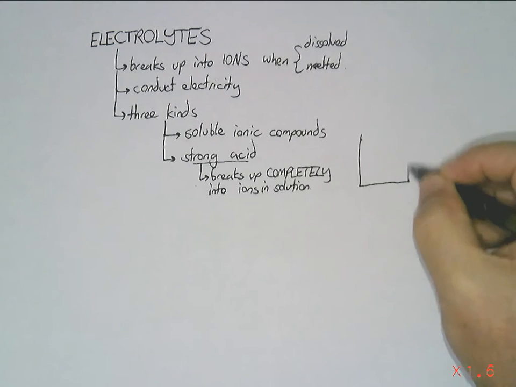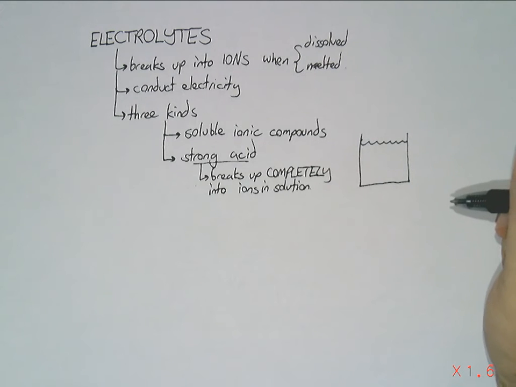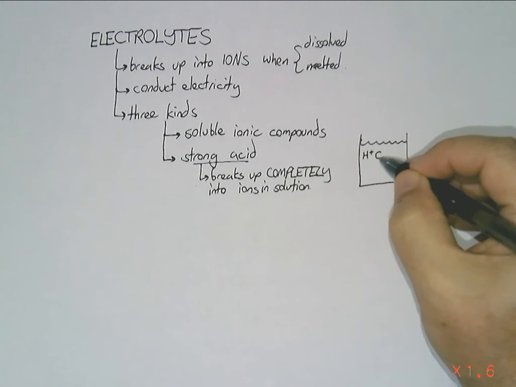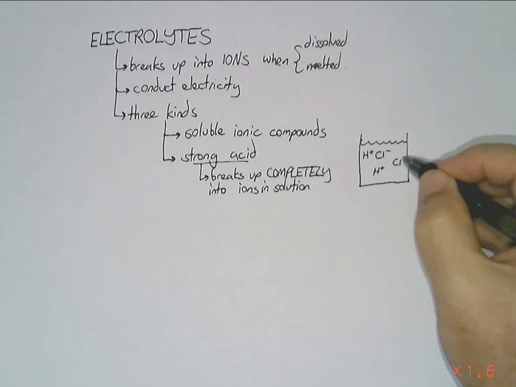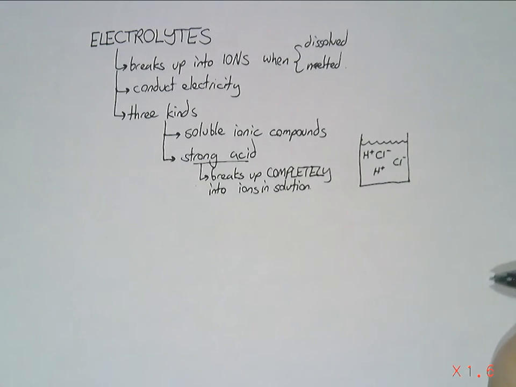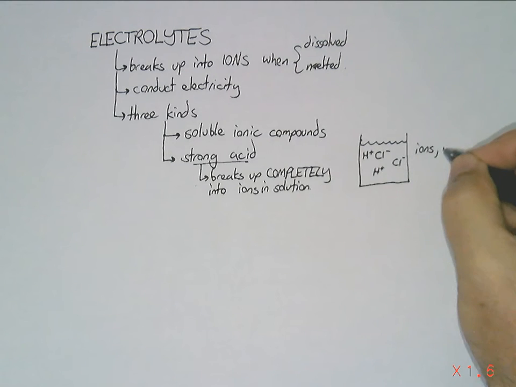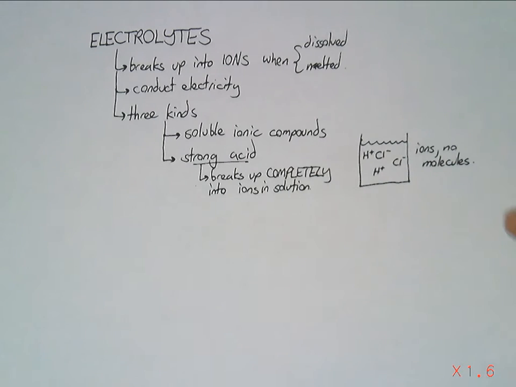Now suppose you got a beaker here and you throw some HCl in there. You are not going to see any HCl molecules. You're going to see ions floating around with their icy shells. So a strong acid breaks up completely.